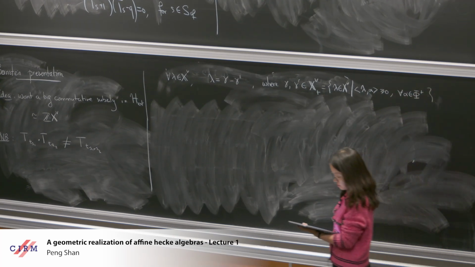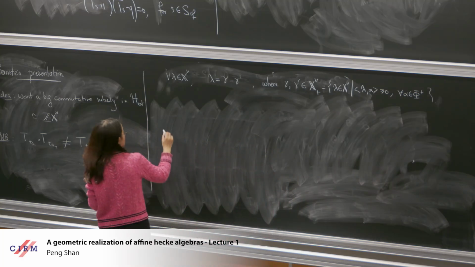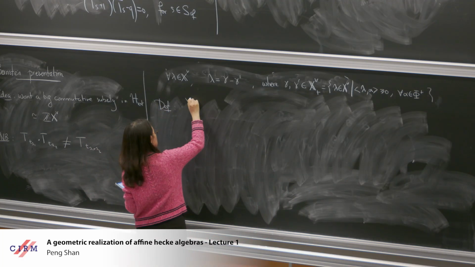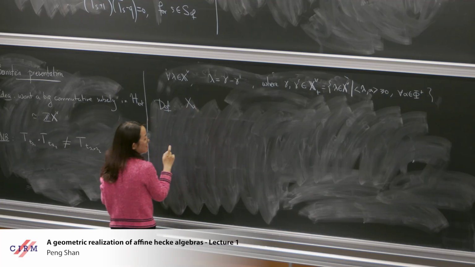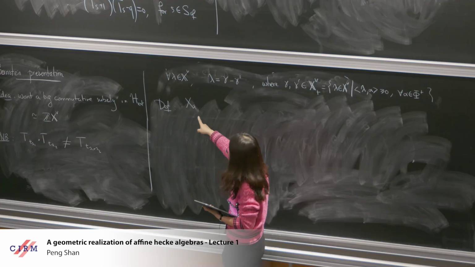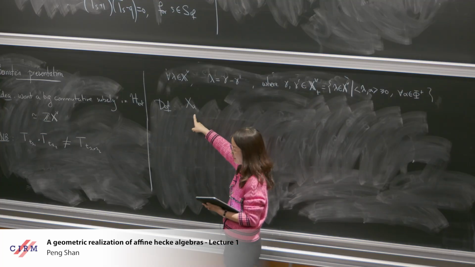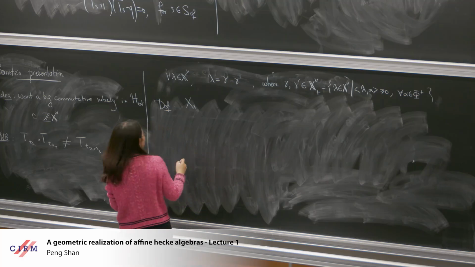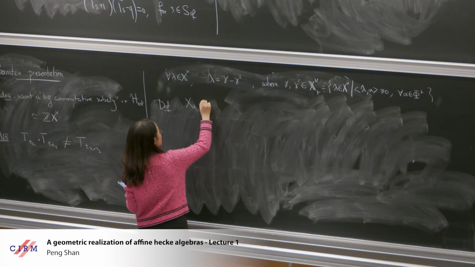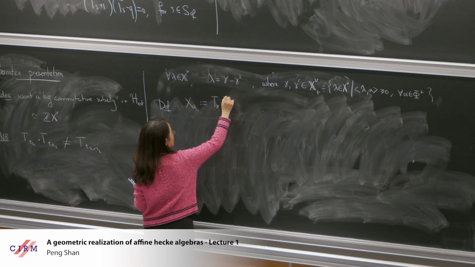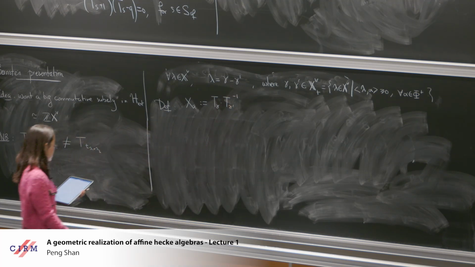Okay. So this is always possible, and then you define an element X lambda. I apologize for the notation, but I don't want to change it. This X lambda will be an element in the affine group, and this X check will be the lattice. So this element will be defined as T gamma times T gamma prime inverse.